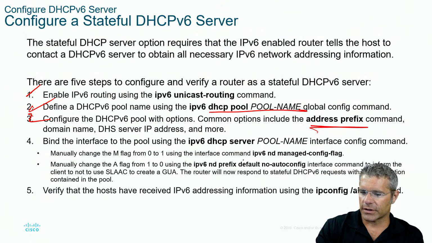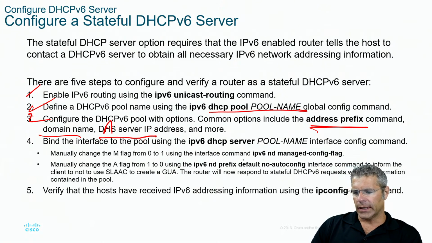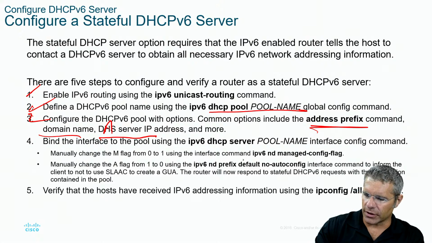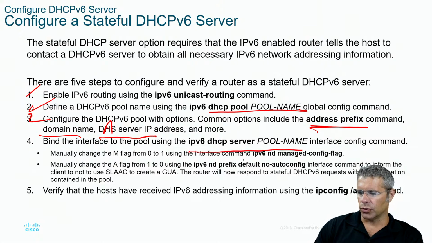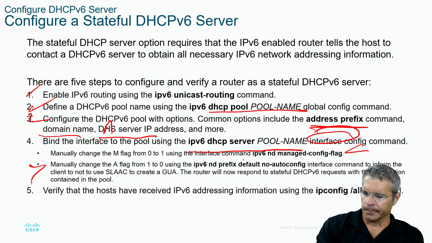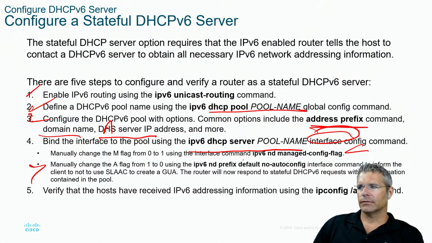So the address prefix, the domain name, the DNS server IP address, maybe more, and then bind that interface to a pool by doing IPv6 DHCP server pool name on the interface in question, and then again changing the flags. Boot up a client, ipconfig /all, make sure it's in there and you're off and running.